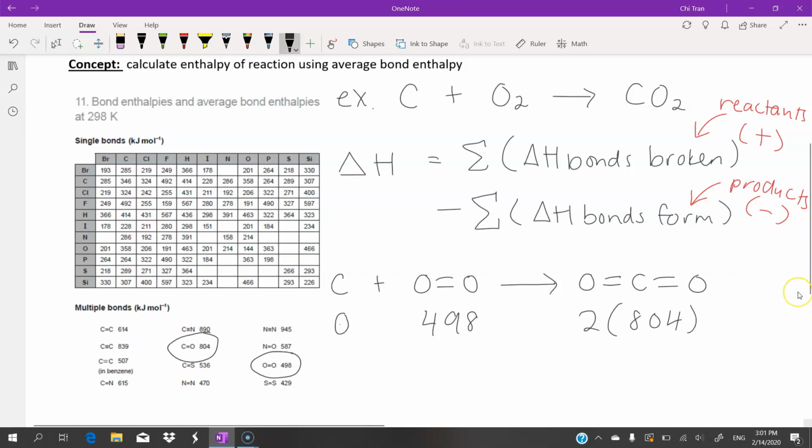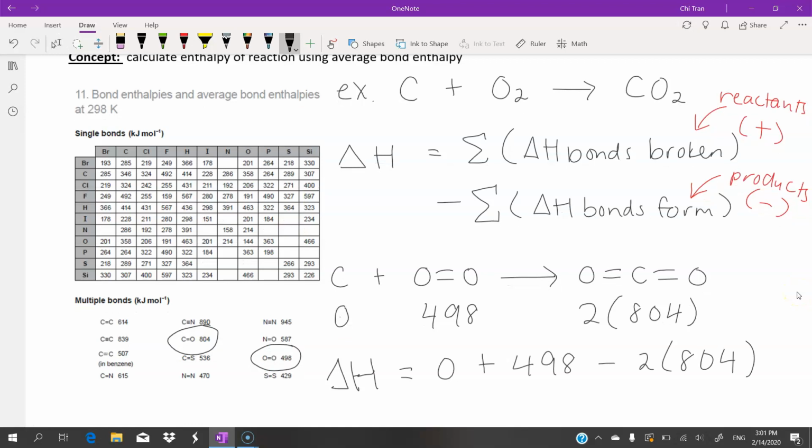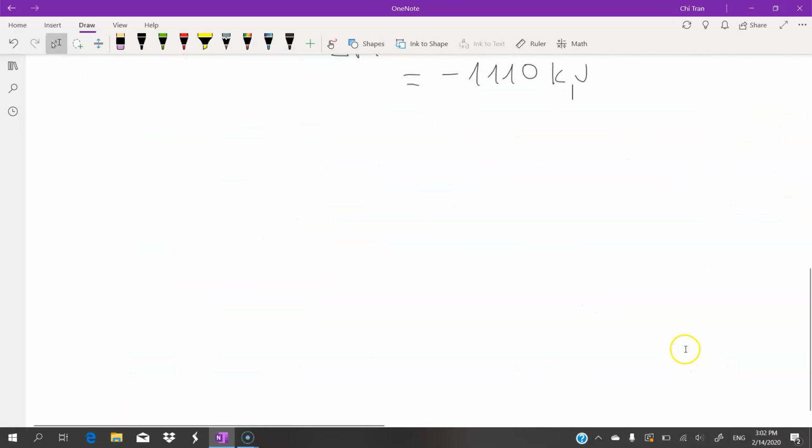And then we can simply plug these values into our equation, and we would have something looking like this. And punch that in your calculator, and you will have the result of 1,110 kilojoules.